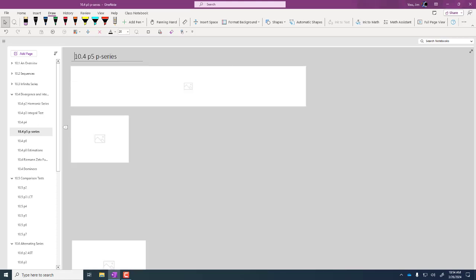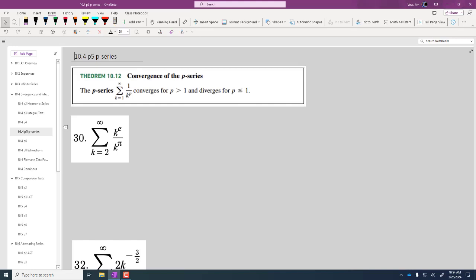It's really easy. It parallels what we did with improper integration. When we're doing improper integration, 1 over x squared converged. 1 over x cubed converged. 1 over x diverged. So all the P-series is doing is looking at those cases where we have powers of x.